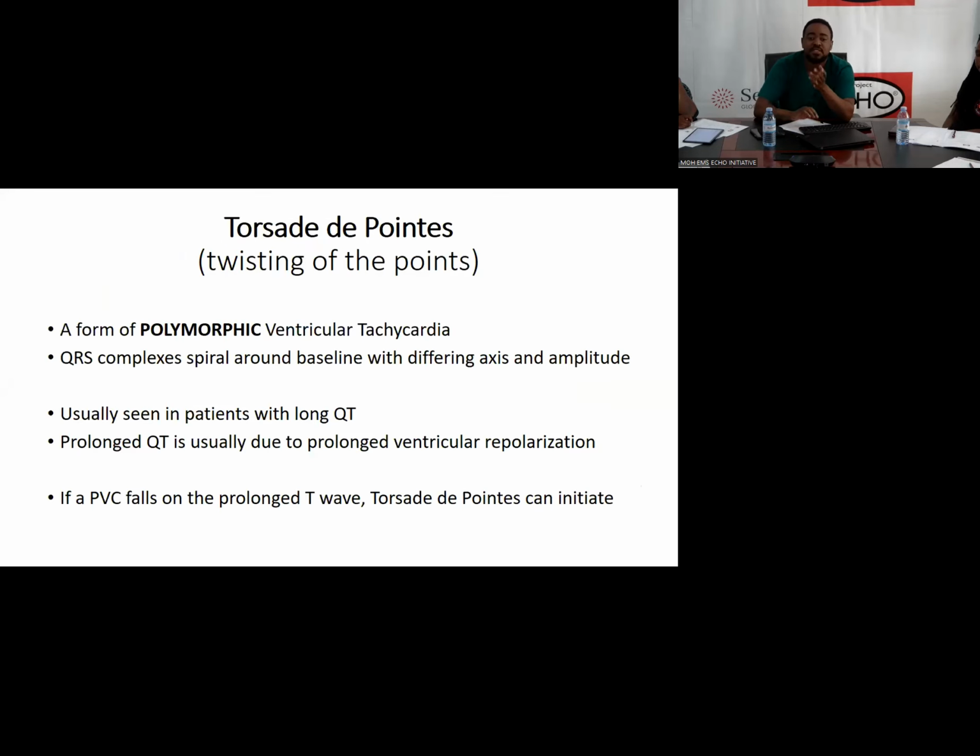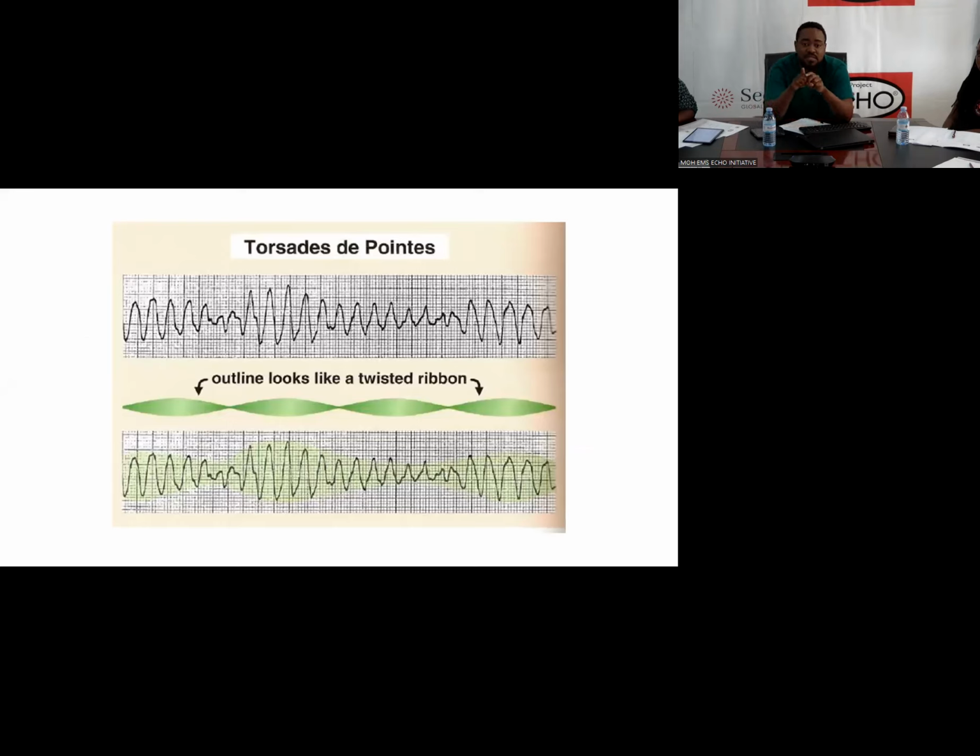Then quite common also is what we call torsades de pointes. It's also a ventricular tachyarrhythmia because it's going to appear wide, and it's almost always related to a prolonged QT, which can be congenital or acquired later in life. You cannot differentiate whether it's acquired or congenital on EKG, but rather taking a detailed history is what will help you ascertain this. Causes are quite many, but how it appears is this.